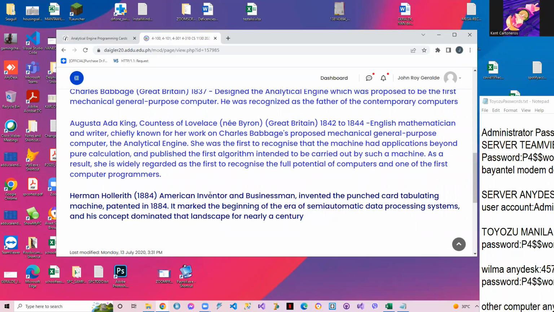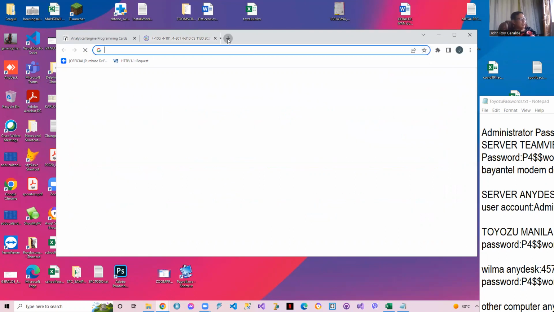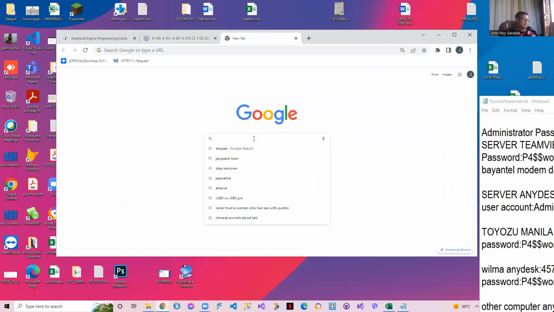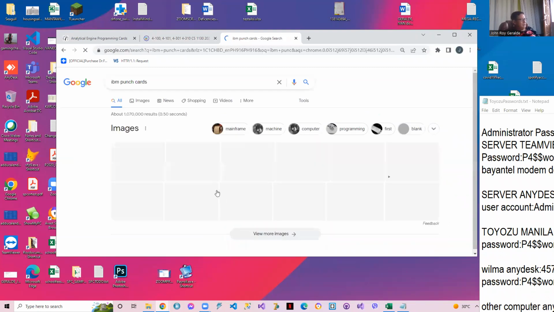And then also later in that same century, the 19th century, in the US, the punch card tabulating machine was invented in 1884 by Herman Hollerith. During that time, the US had a lot of migrants, so they had to do a census, and recording is important. One way to hasten the recording was to use a punch card tabulating machine. So here is a modern IBM punch card. Here's how it looks.